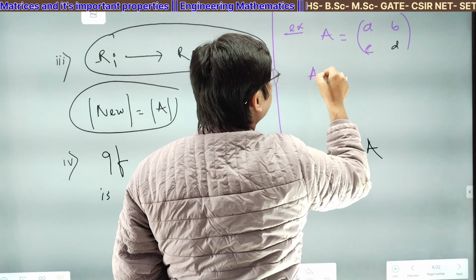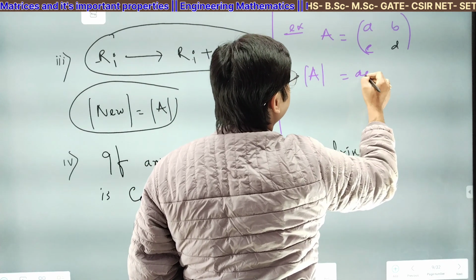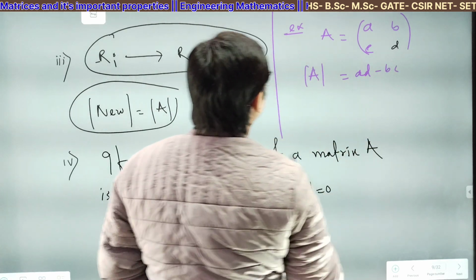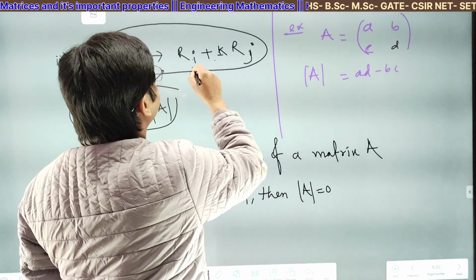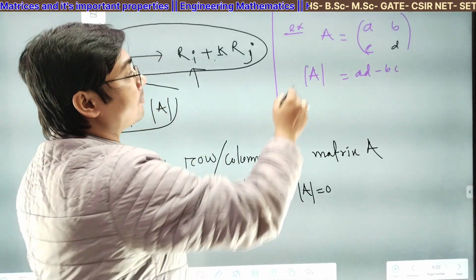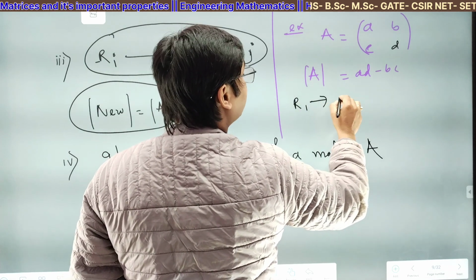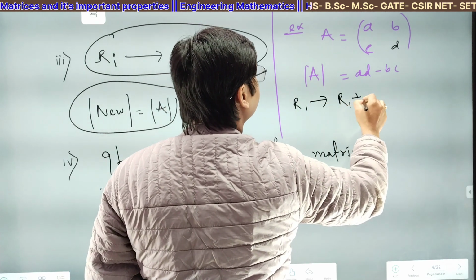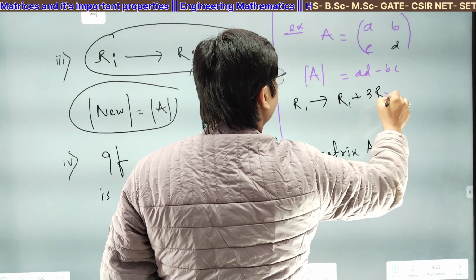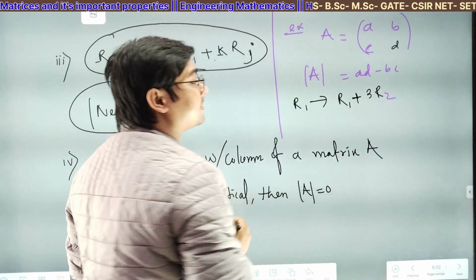So obviously the determinant of A will be AD minus BC. Now you apply this property on this matrix. Here suppose we replace R1 by R1 plus 3 of R2.